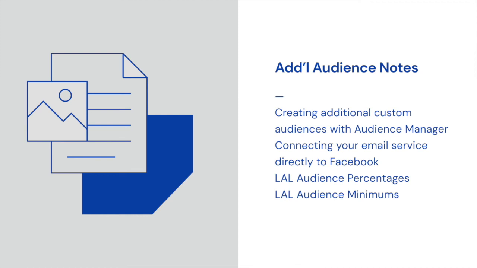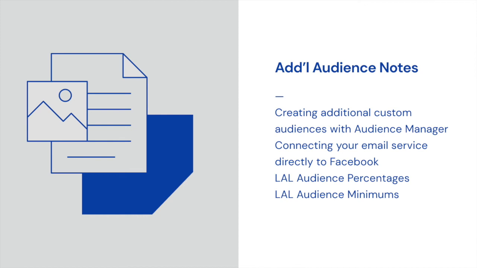So even if you upload 1,500 emails, it might only be able to match 750 of them. So try not to get too frustrated. The larger email lists that you can provide, or the more website visitors you have, the more data points Facebook has to collect, the stronger it's going to be regardless. So generally that audience minimum is about 1,000 in order to create your lookalike audiences.